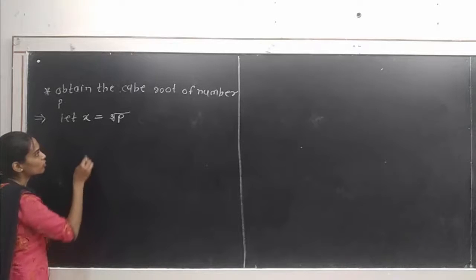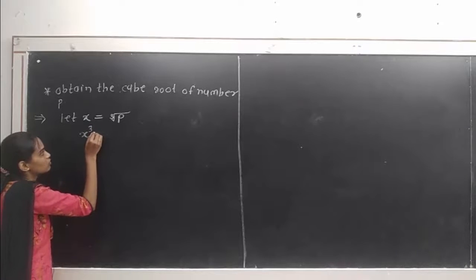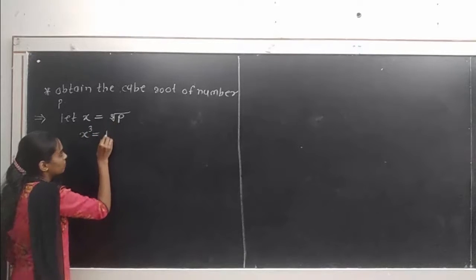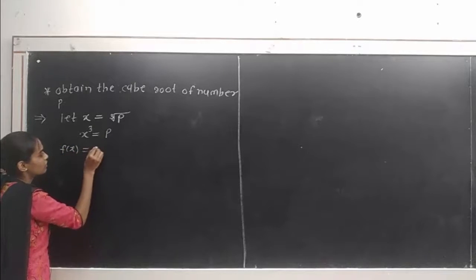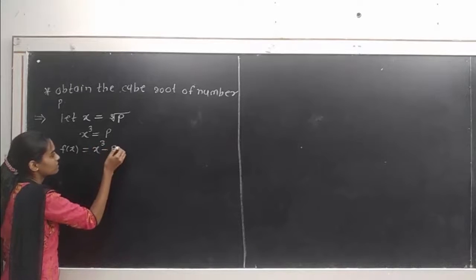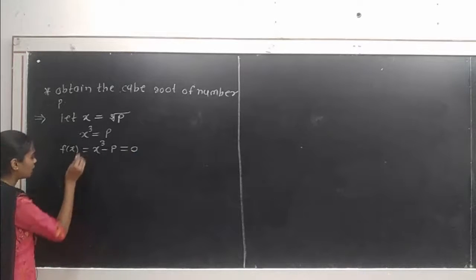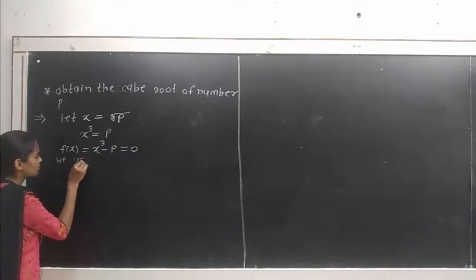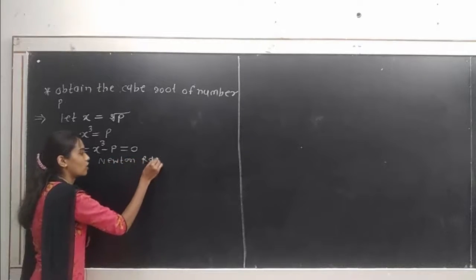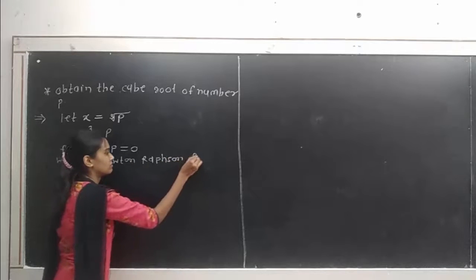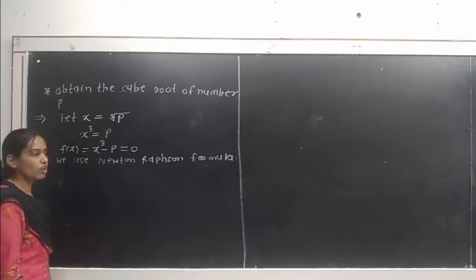By taking cube on both sides, we get x cube is equal to p, and we can write this as the function f of x is equal to x cube minus p equals 0. Then we use the Newton-Raphson formula.